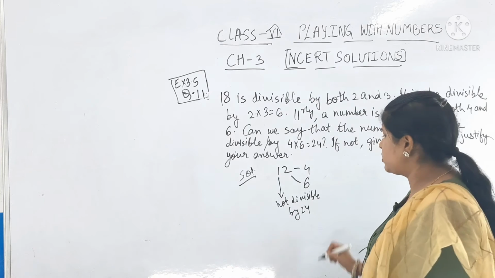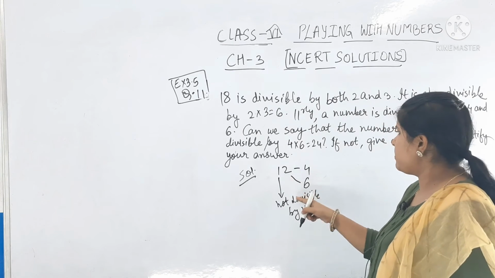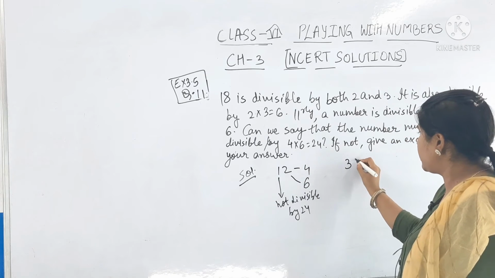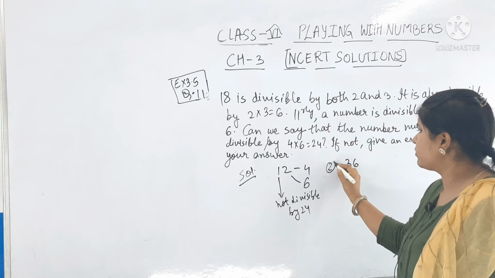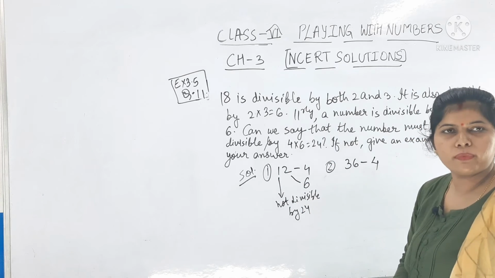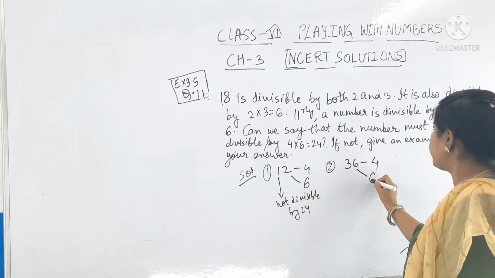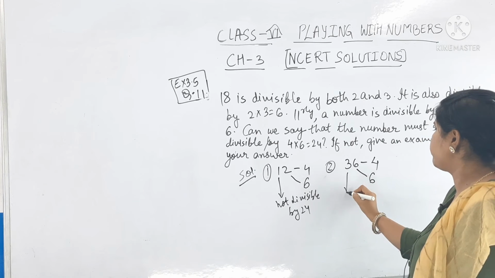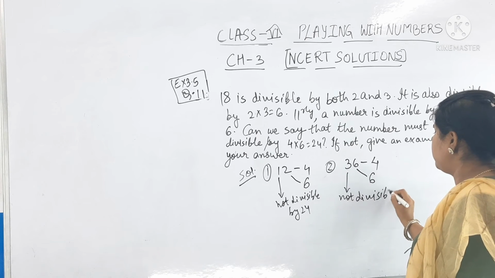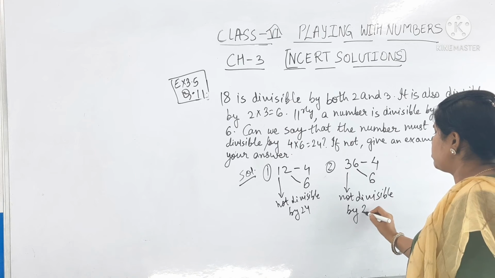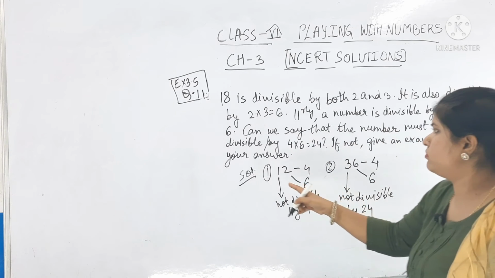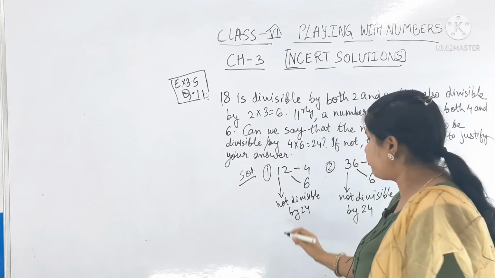This is the solution. Let me take another example. 36 is divisible by 4 and also divisible by 6, but not divisible by 24. So I have justified the answer that no, the number is not divisible by 24.